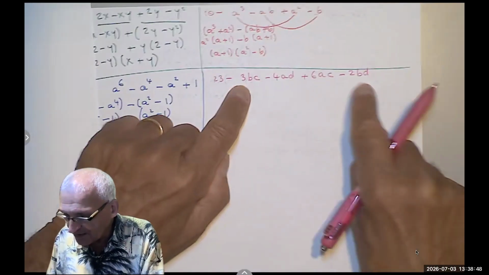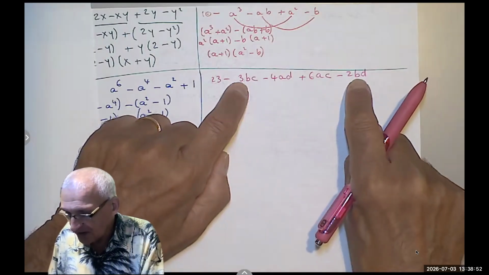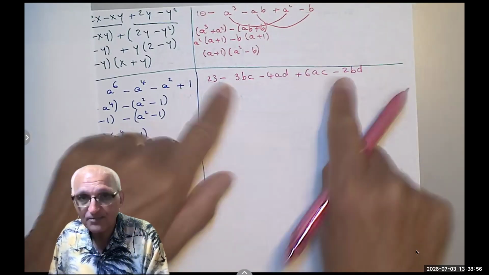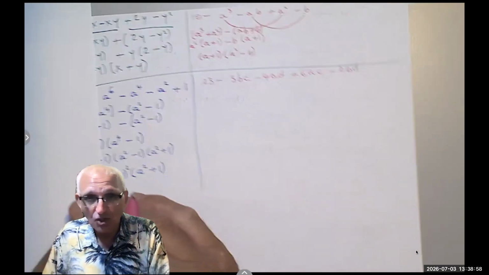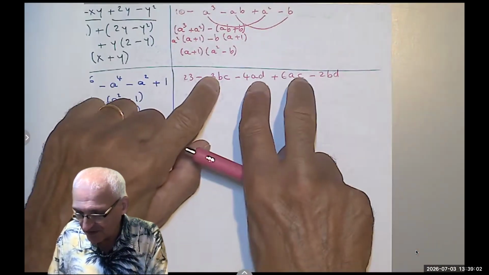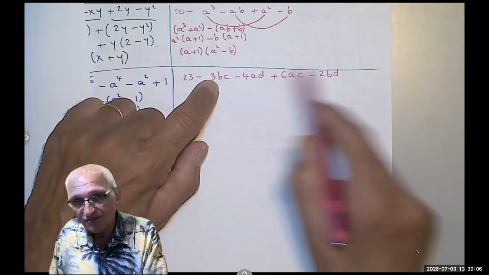Or the first and the third, the ratio of the coefficient is 3 to 2, and the ratio of these coefficient is also 3 to 2. Of course, one is positive and one is negative. So I really can take the first and fourth, second and third, or first and third, second and fourth.